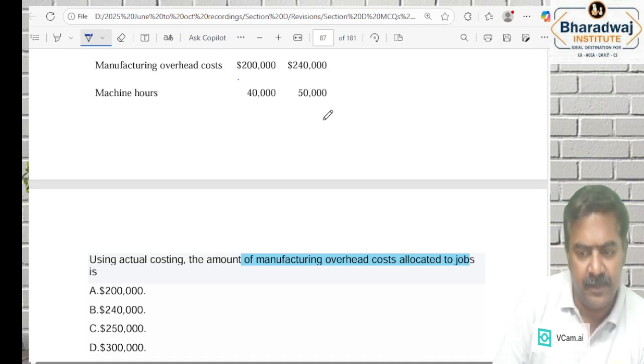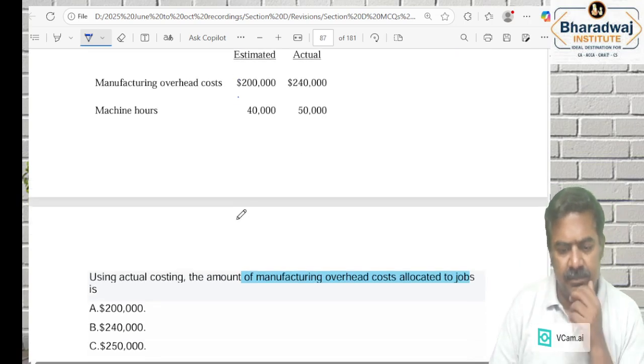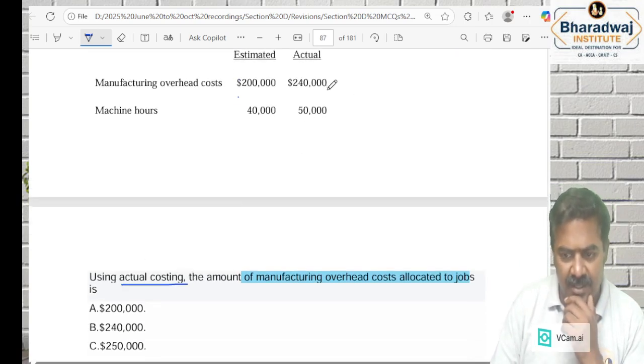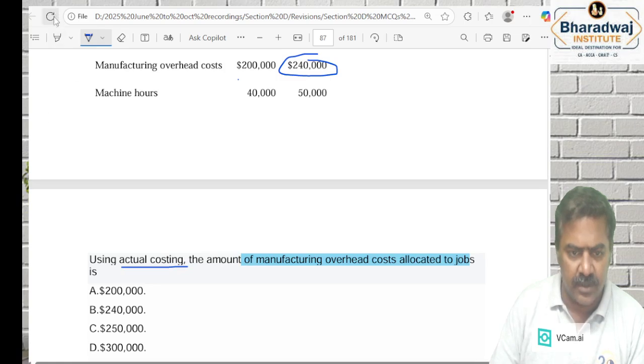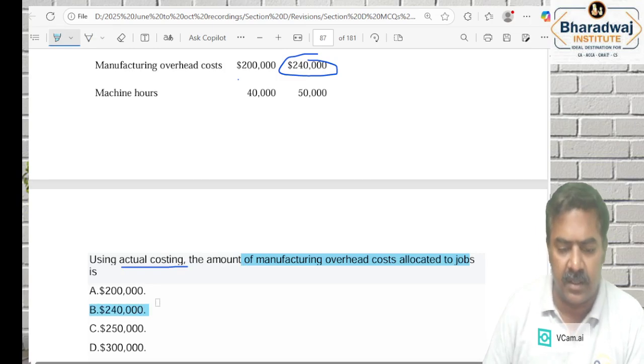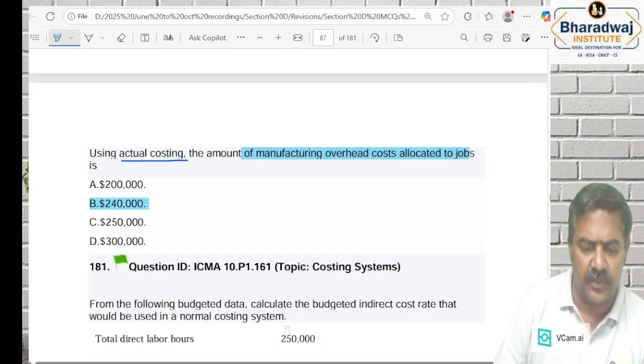How 240? Using actual costing. Good. Directly hits the answer, 2,40,000. In actual costing, we don't see any predetermined rate and other things. Based on the actual cost, the overheads are charged. 2,40,000.